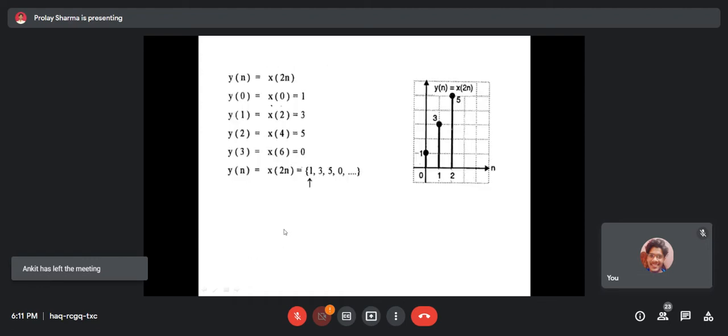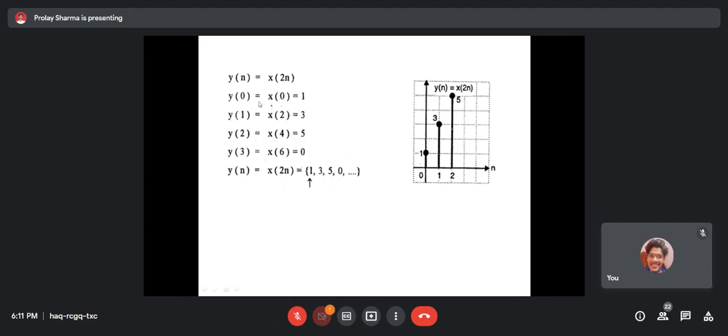Now let's see, if we multiply n by 2, it is x[2n]. So first we are putting n equal to 0. So y[n] equals x[2n]. This is the right hand side, this is y[0]. Now we are plotting the output of the operation.